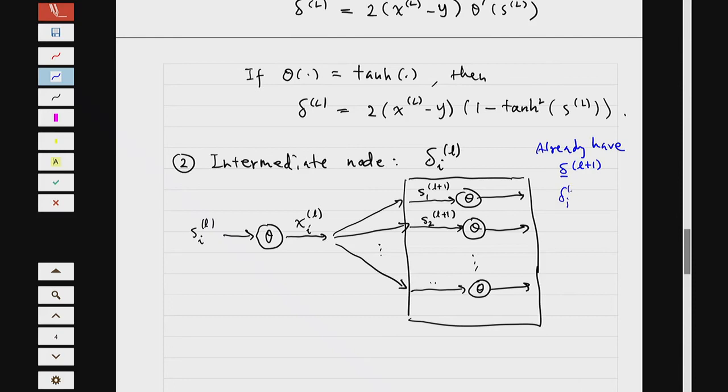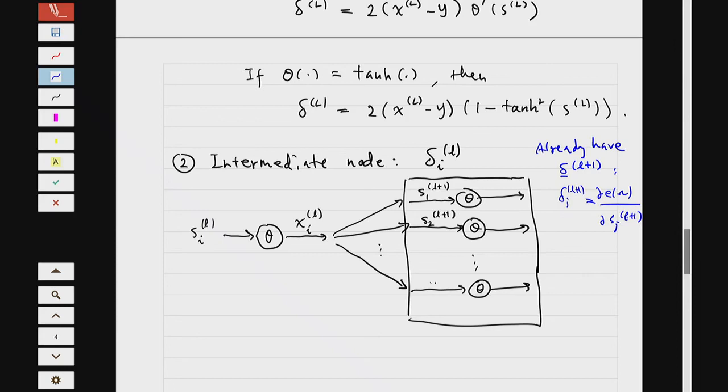The delta J of L plus 1 is equal to the partial derivative with respect to Sj of L, oops, L plus 1, sorry. We already have all of this vector by this stage. But what is this? This is nothing more than the derivative of E omega with respect to these items here. So basically, we already have the partial derivatives with respect to these guys. Now we want to use that information to find the partial derivative with respect to this guy.